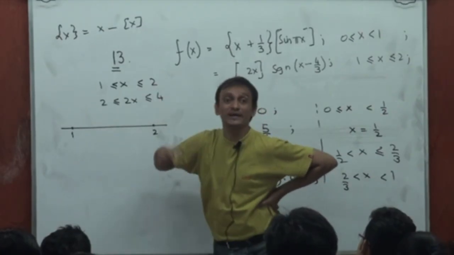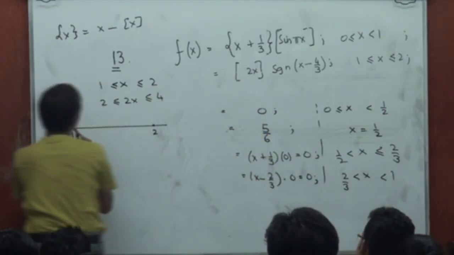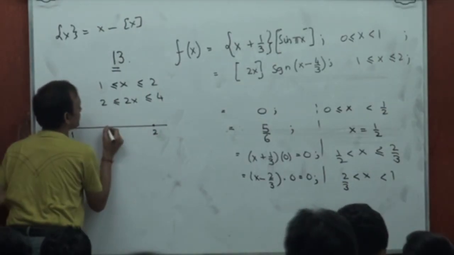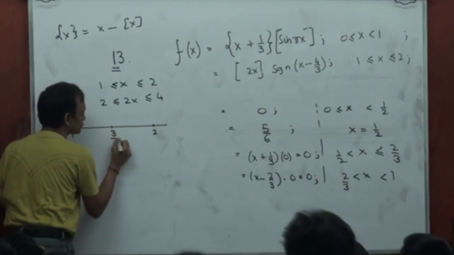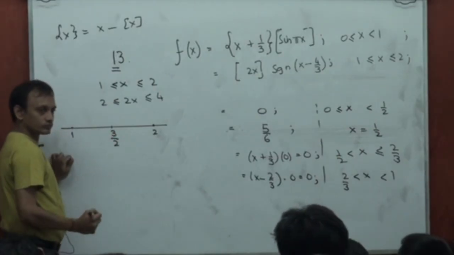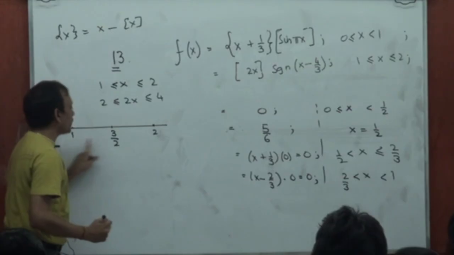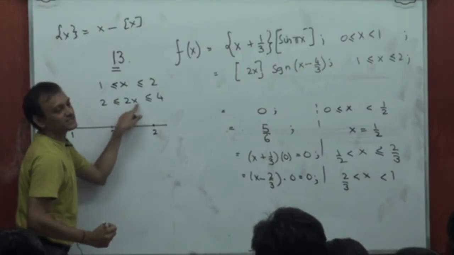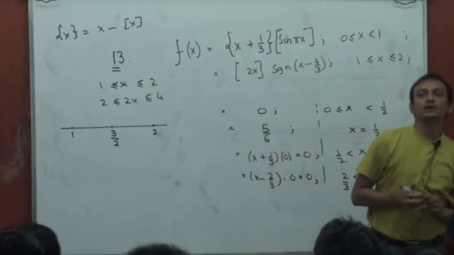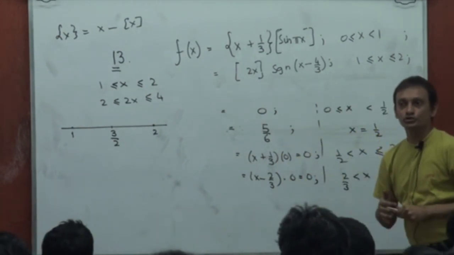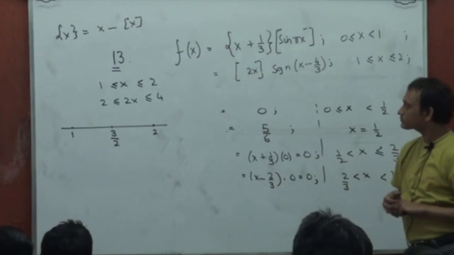These are the points where 2x is an integer. So 2x changes behavior at 1 and at 3 by 2, and at 2, so box of 2x would have to be broken down into parts accordingly.